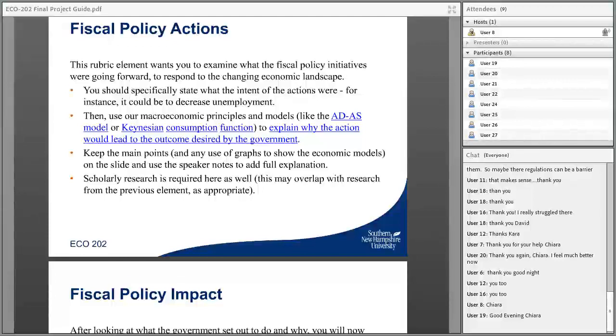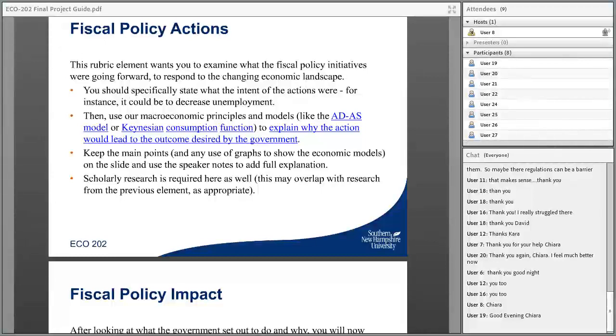The second element of the milestone was to establish the fiscal policy action of the actual decade you are researching. So you're not looking at the past anymore, you're looking at your present, your decade. In this case, again, you need to try and be exemplary.